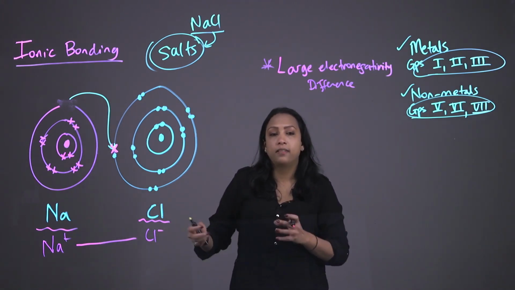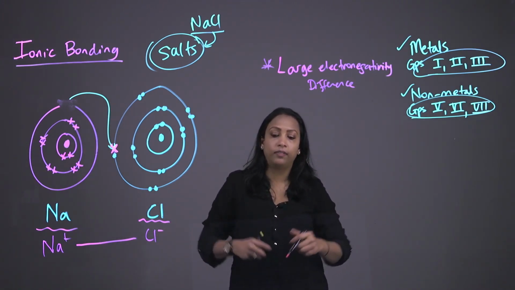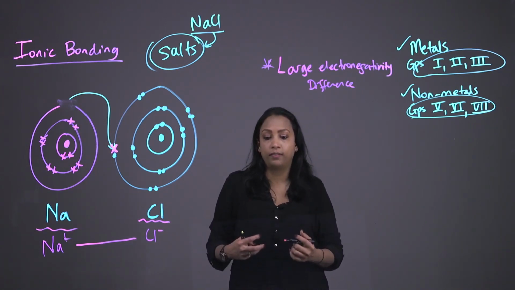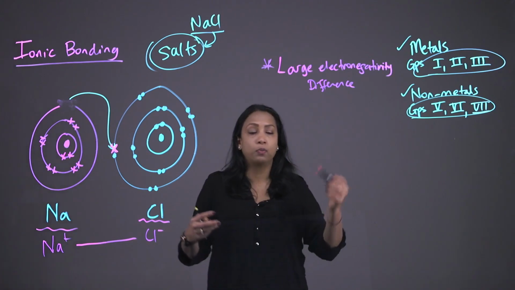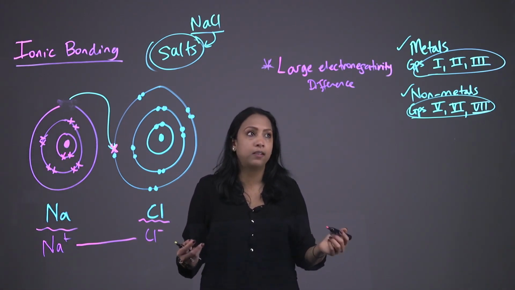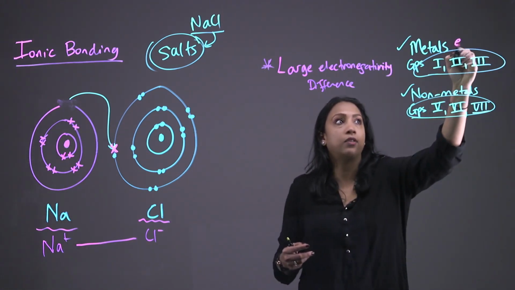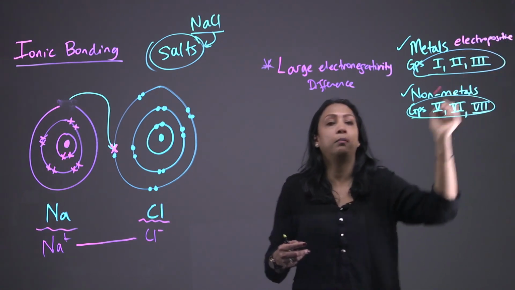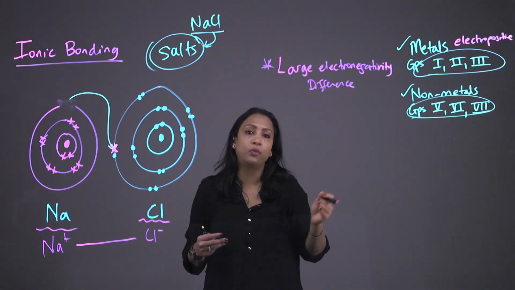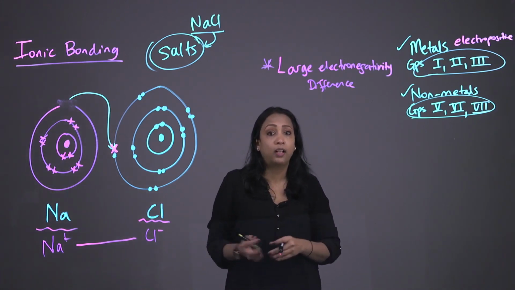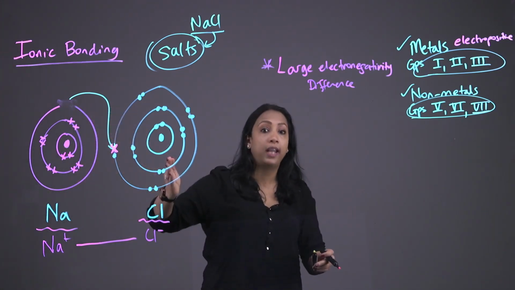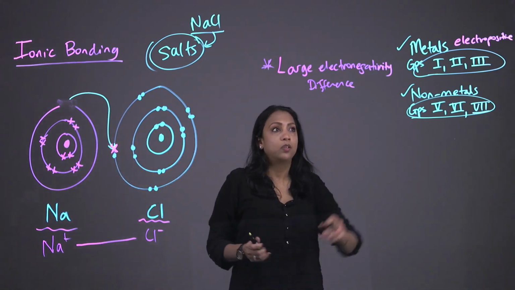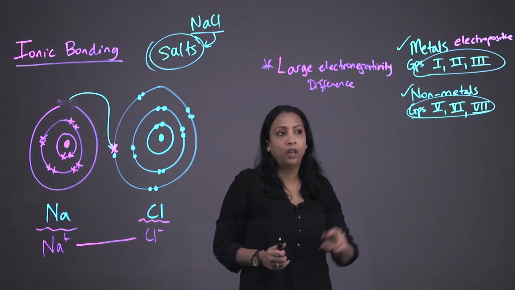Electronegativity is the ability of an atom to draw a negative charge towards itself. If we think about groups 1, 2, and 3, these are my metals. These are actually electropositive, because metals will have 1, 2, or 3 electrons in their outermost shell, and they will tend to donate electrons to other species. So metals are electropositive.